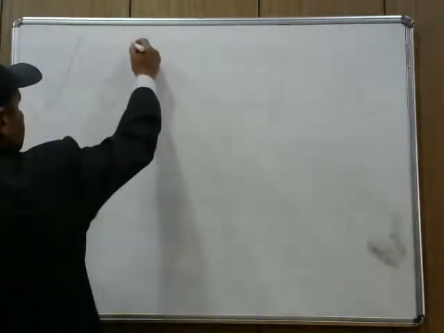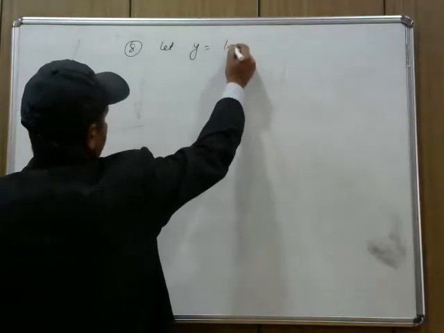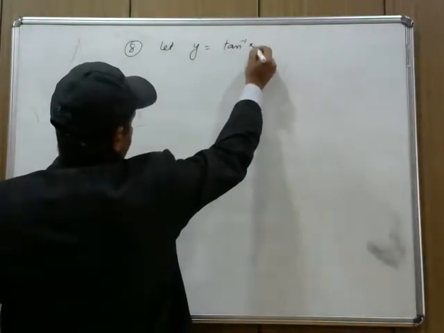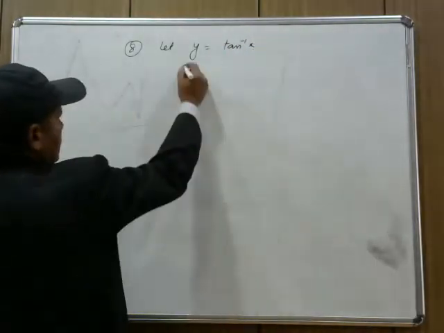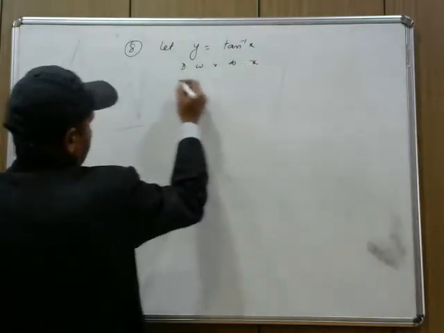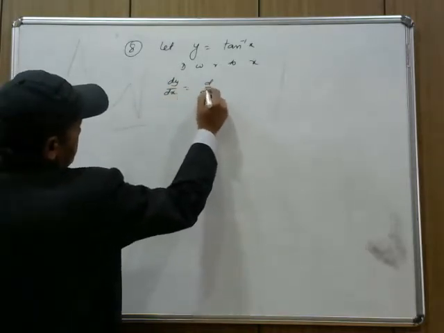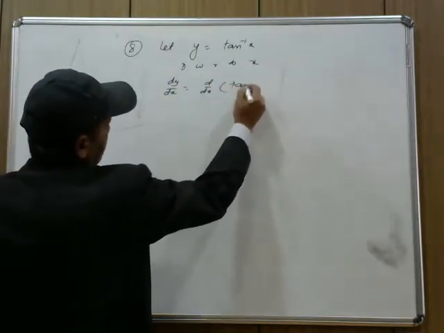Now we have question number 8. Let y is equal to tan inverse x. Differentiating with respect to x, dy by dx is equal to differentiation of tan inverse x.